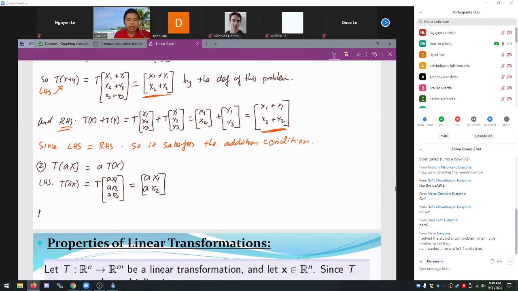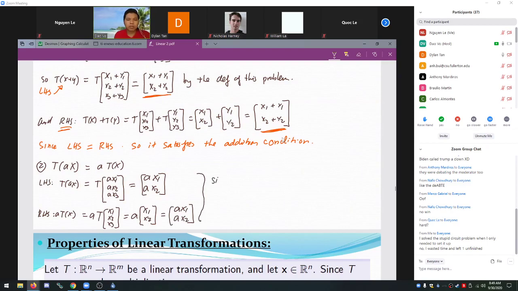And then the right-hand side, a times T sub x is equal to a times T of (x1, x2, x3), equal to a times (x1, x2). Now, when you distribute the a inside, you get ax1 and then ax2. Again, they are the same, right?